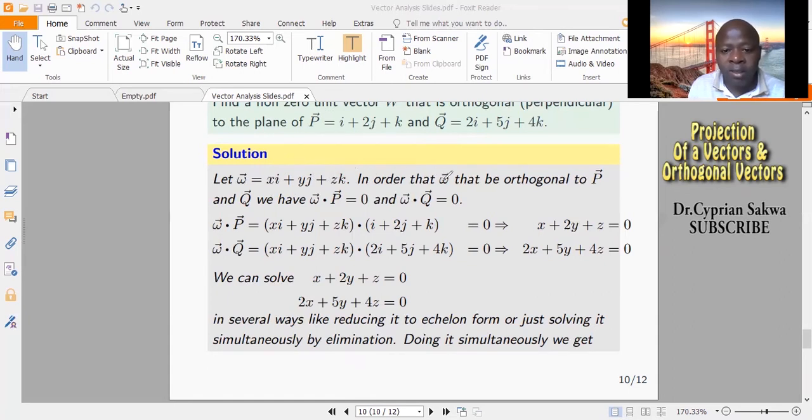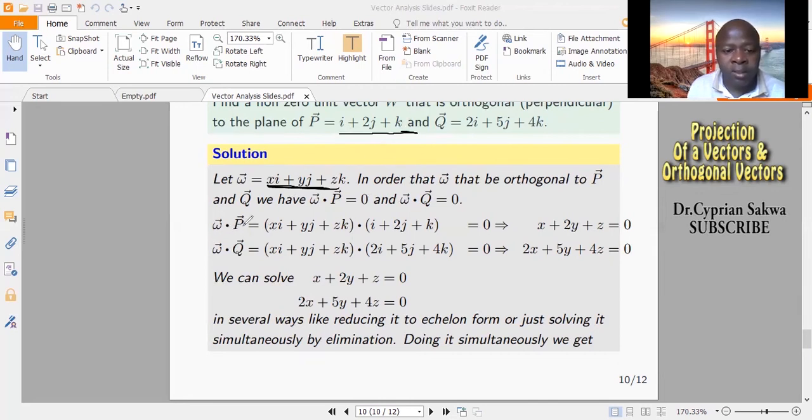So in order that omega be orthogonal to P and Q at the same time, we must have omega dot P being 0 and omega dot Q being 0. And so that's what I do. I just get the dot products, dot product between this and this, and equate to 0.